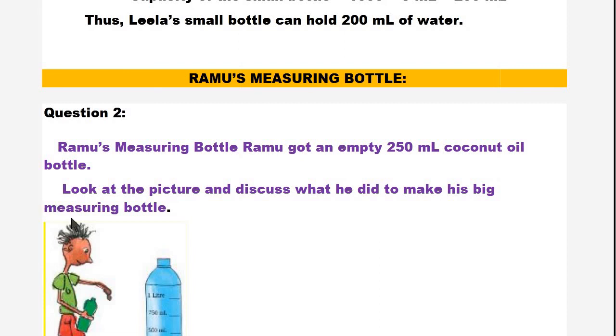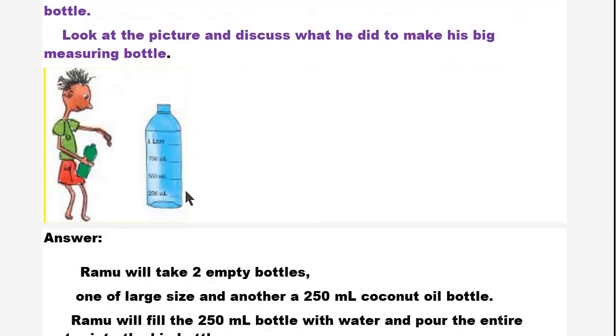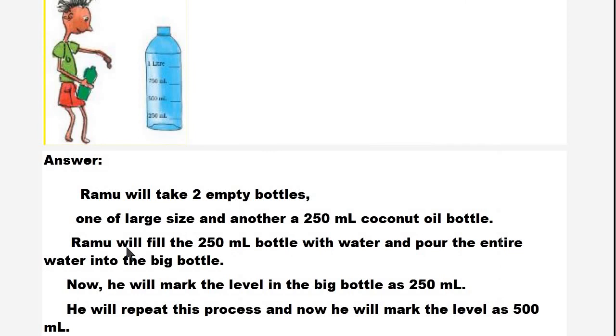Here one bottle is given with markings 250, 500, 750 and 1 liter. Ramu will take 2 empty bottles, one of large size and another the 250 ml coconut oil bottle.